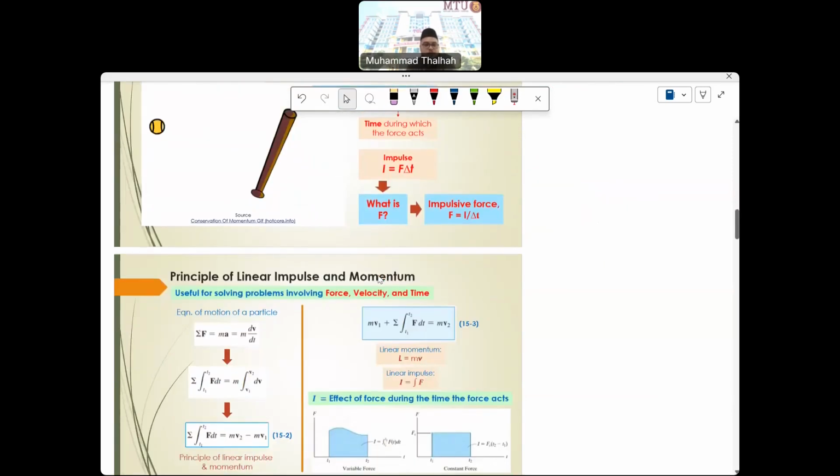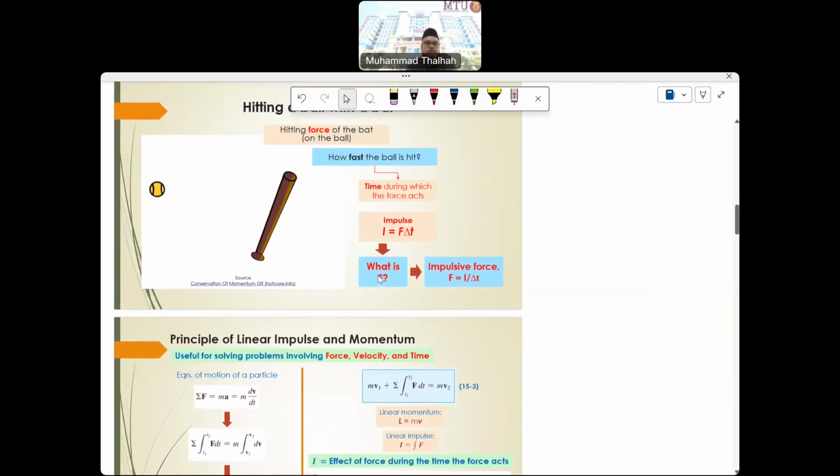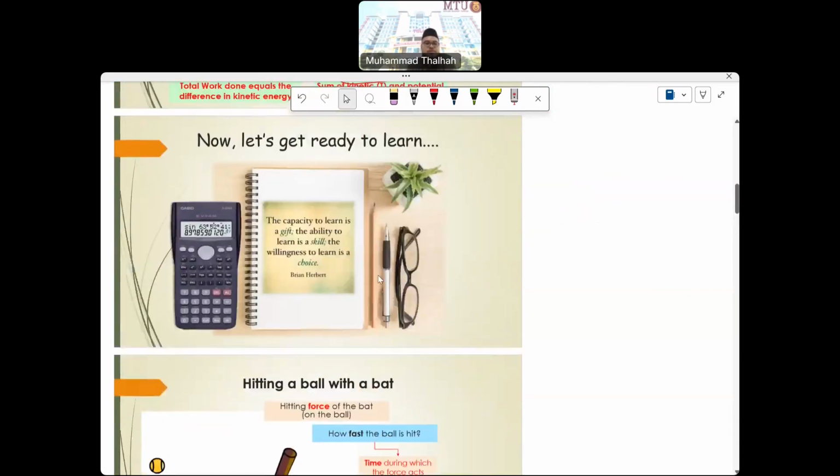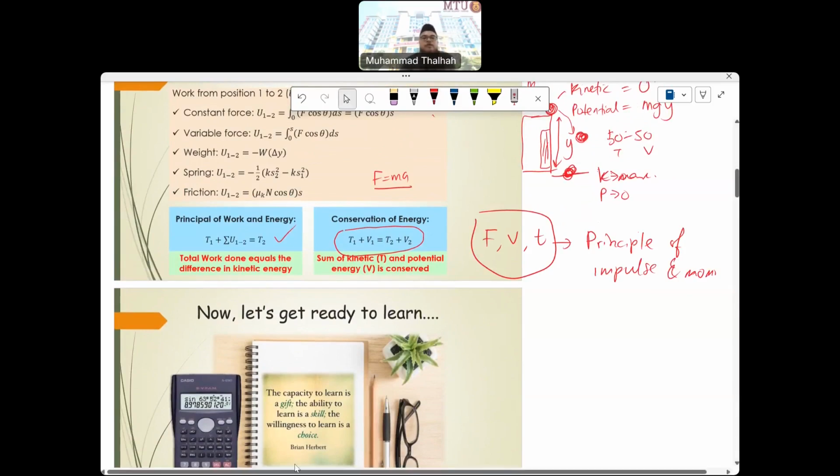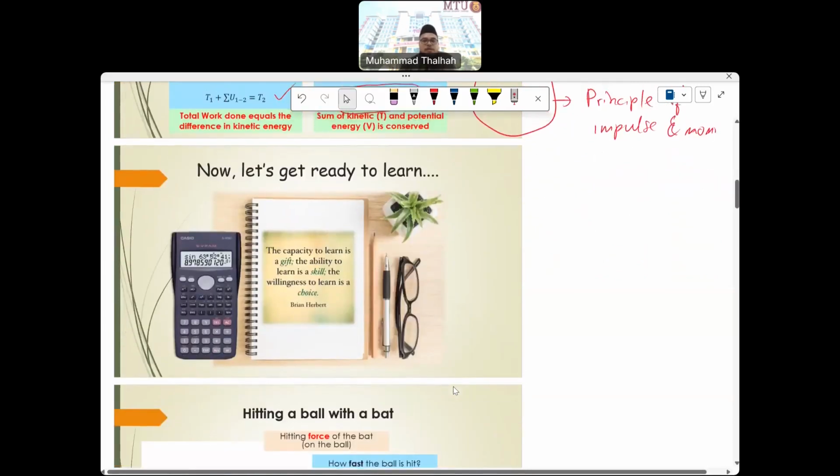But if you happen to have a combo of force, velocity, and time, we'll get into it a little bit later, then most likely you're going to use your principle of impulse and momentum. So that's a brief overview of what you can expect to learn in today's class.